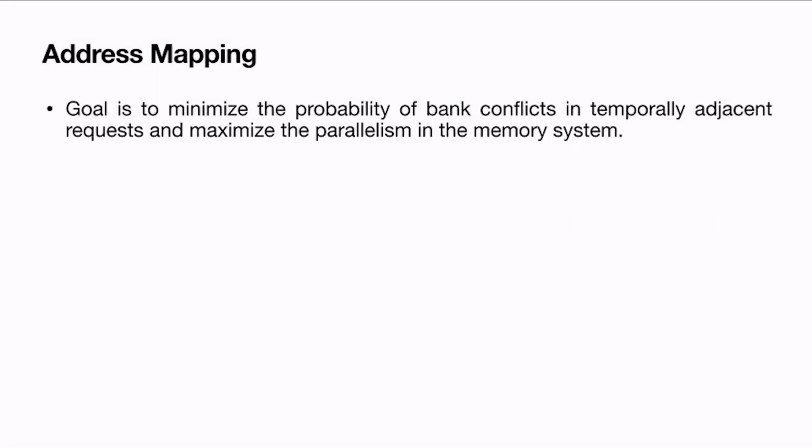If that is the case, first you have to close one row and then open the other, and so on. So you need to ensure that the address mapping technique improves parallelization and reduces unnecessary conflicts. That way, you can extract more performance.